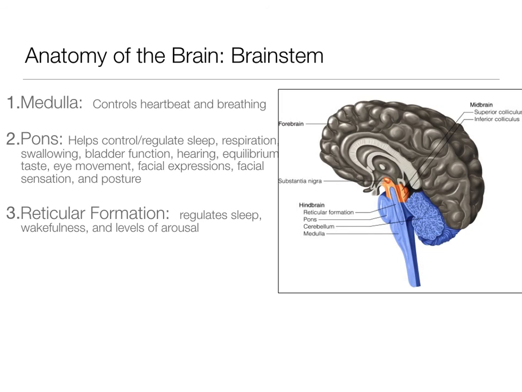The reticular formation is kind of like rod shaped at the top of the brainstem. And again, it's helping with sleep and wakefulness and levels of arousal. And the cerebellum kind of looks like a little mini brain at the back. And this is really helpful for nonverbal learning. And it helps coordinate voluntary movements.